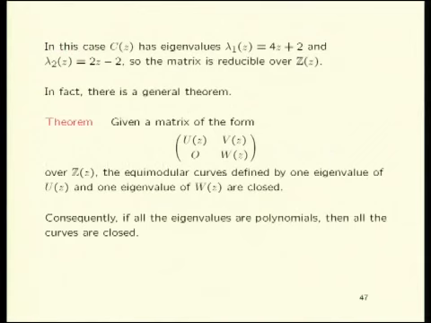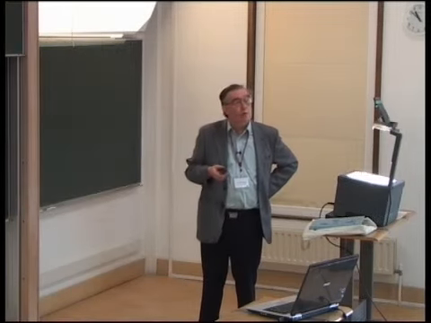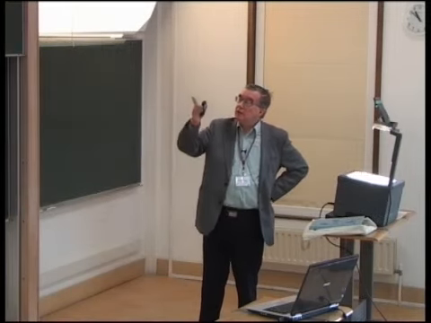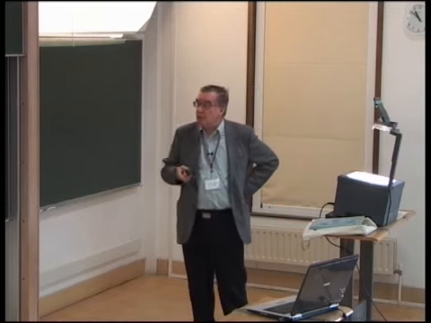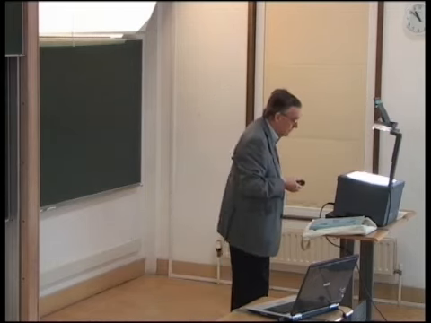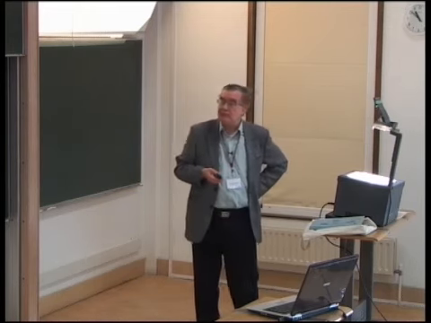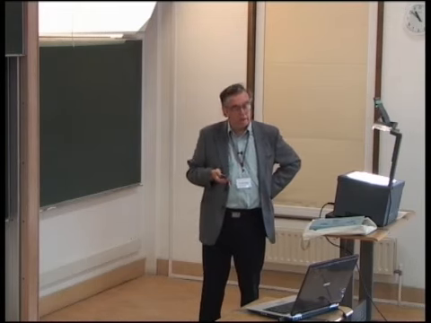And that gives you a nice closed curve, and that's actually quite useful because there's a general theorem that says that's going to happen. If your big matrix decomposes in that form and you equate an eigenvalue of u to an eigenvalue of w for the equimodular curve, then that's going to be a closed curve, and that can be proved.